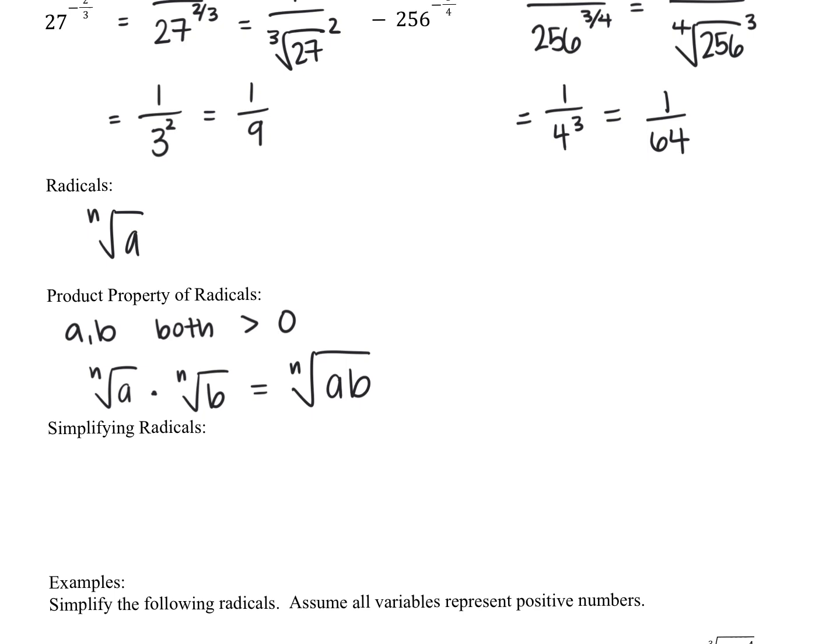Now, important thing here is n has to be the same. So I can't do the cube root of 2 times the 4th root of 7. I can't do that. n has to be the same. So I can only multiply radicals if they're the same root.